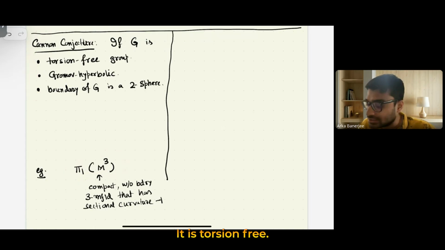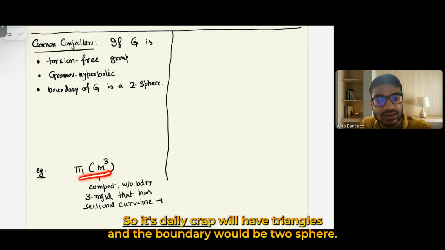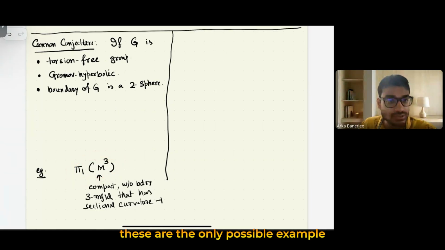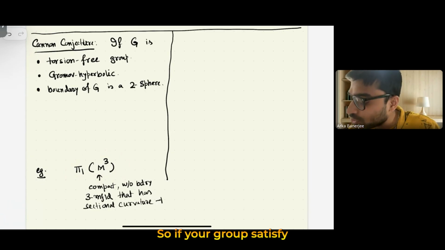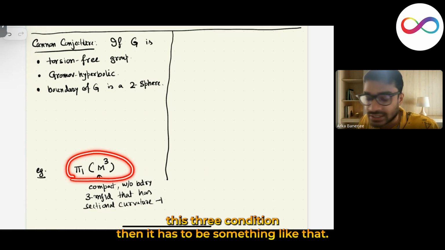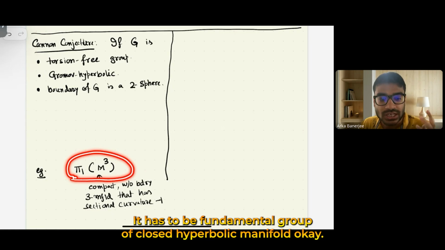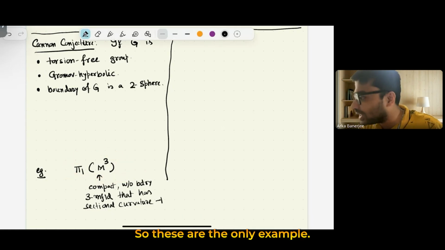It is torsion free, it will be Gromov hyperbolic, so its Cayley graph will have thin triangles, and the boundary would be a two-sphere. Now, what Cannon's conjecture says is that these are the only possible examples of this kind of groups. If your group satisfies these three conditions, then it has to be something like that. It has to be the fundamental group of a closed hyperbolic manifold.